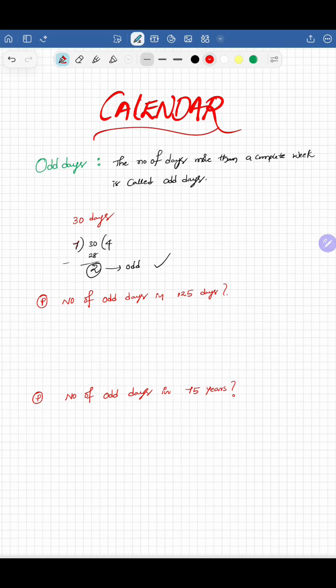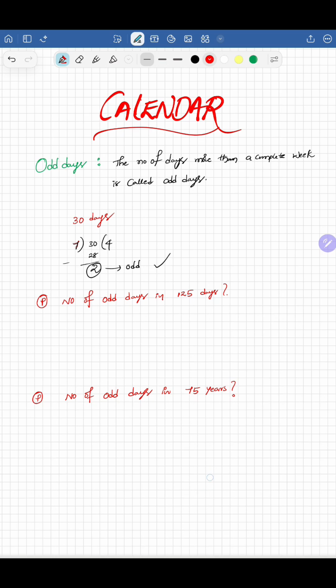See here, I have given some questions. If you want to find out the number of odd days in 125 days, is it easy, right? Because that question is in days, you can easily find out the odd days. How?